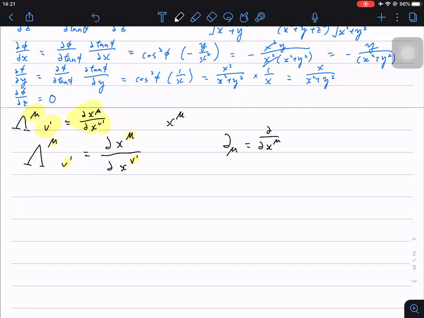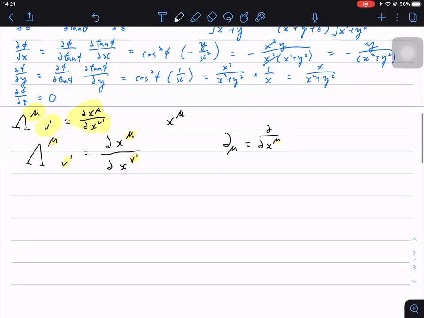The reason is that if you are using a superscript in the denominator, you are meaning that you are taking something also with a superscript, let's say a mu here. I'm contracting mu and nu.